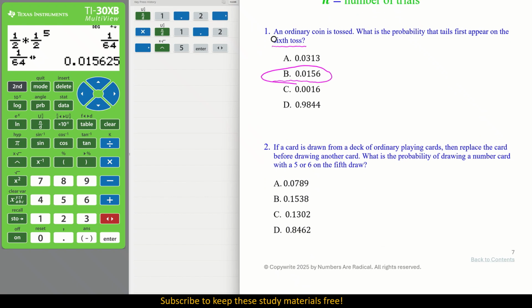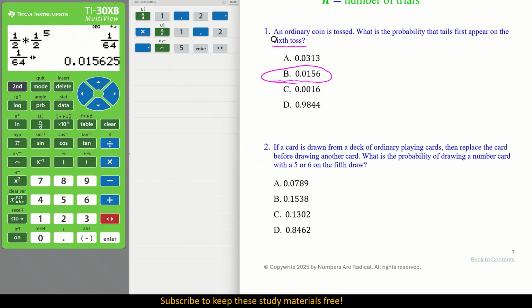If a card is drawn from a deck of ordinary playing cards, then replace the card before drawing another card. What is the probability of drawing a number card with a 5 or 6 on the fifth draw?